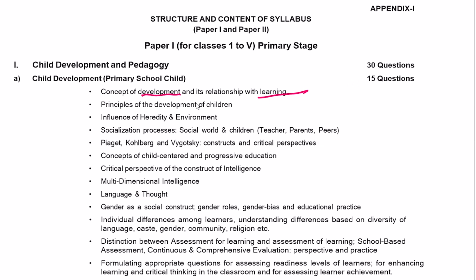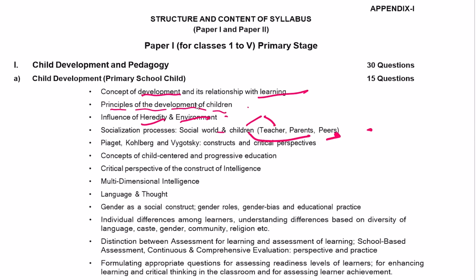We also have the principles of the development of children, how heredity and environment influence the child and learning. And socialization processes like social world, the relationship between children and teacher, children and parents, and all the stakeholders, peers, etc.